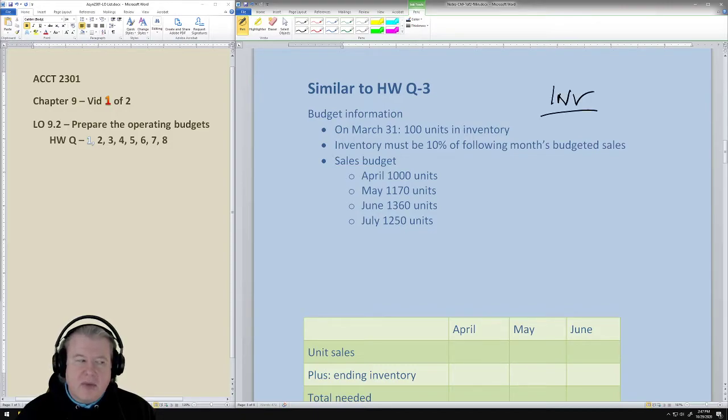So if you remember our inventory equation that we learned previously, it is beginning inventory plus, and you can have lots of different words, you can have purchases, you can have this, that, but basically you have a beginning inventory, you have what comes in, so incoming, what comes into the inventory has to equal what is still in the inventory at the end of the month, ending inventory, plus whatever left.